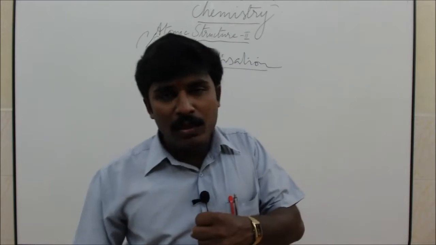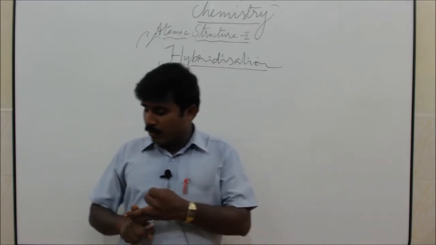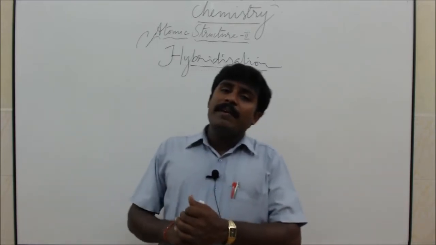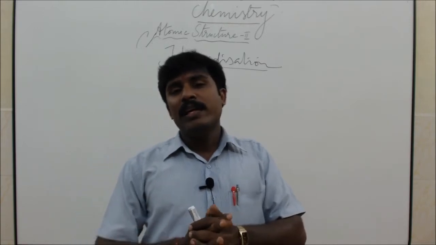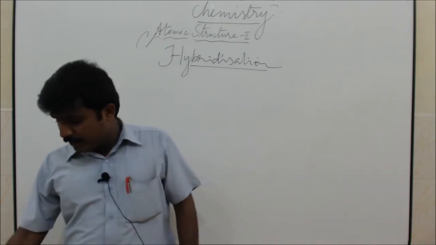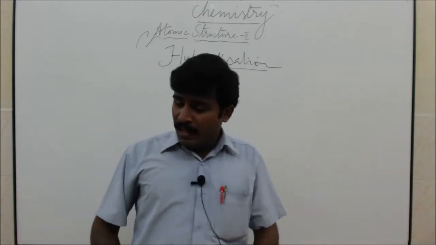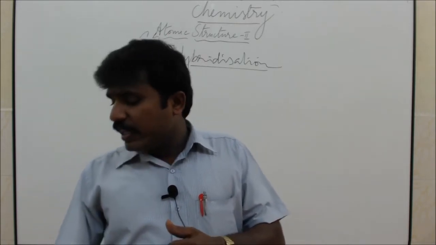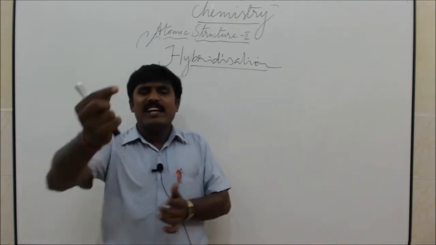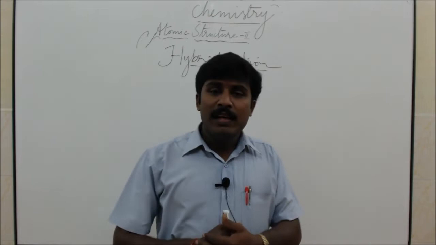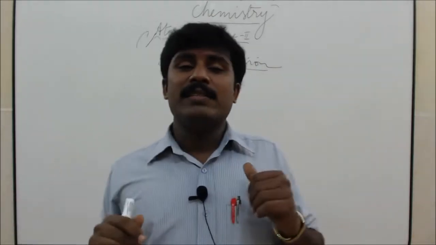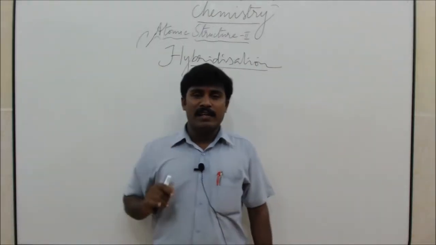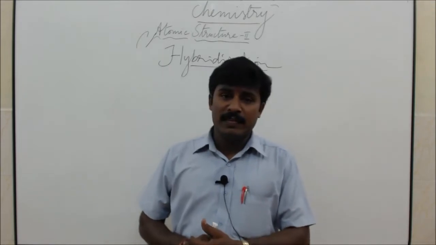Then the number of hybrid orbitals formed is equal to the number of atomic orbitals. Then the orbital taking part in bond formation should contain at least one electron. Then only hybridization takes place very easily.